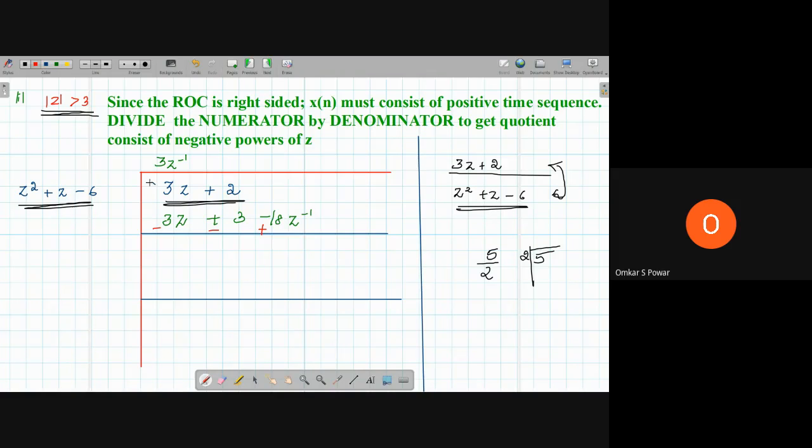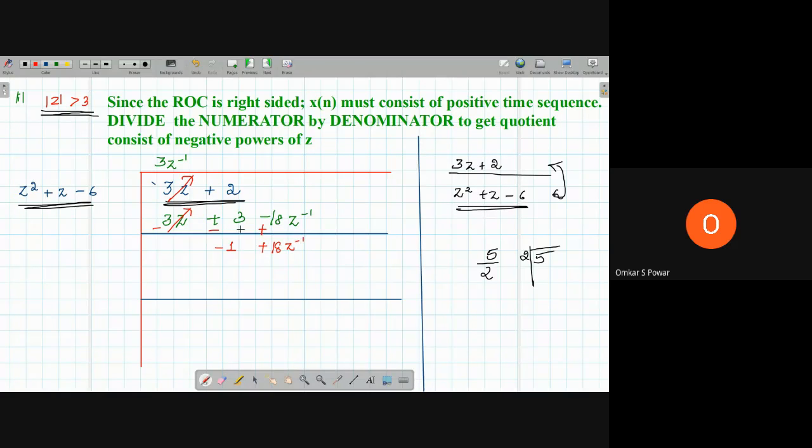Then you have to cancel. So plus 3z and minus 3z get cancelled off. Then −3 + 2 is −1. Here it is plus 18z⁻¹.